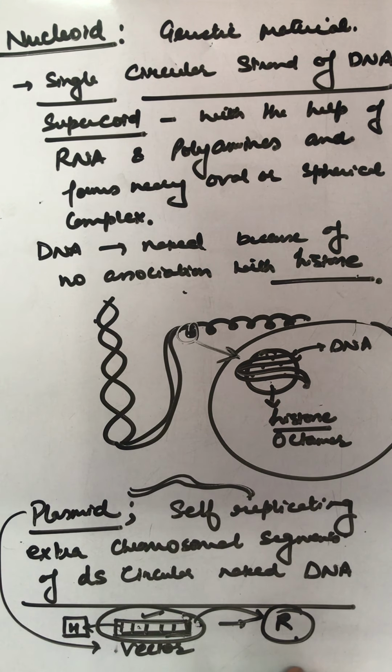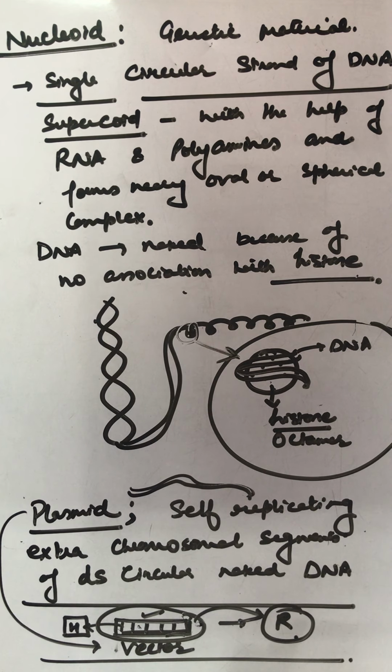It is very, very important because its plasmid nature makes it a very special feature or a characteristic feature of all the E. coli or bacteria, because this is something which is acting as a boon, right?